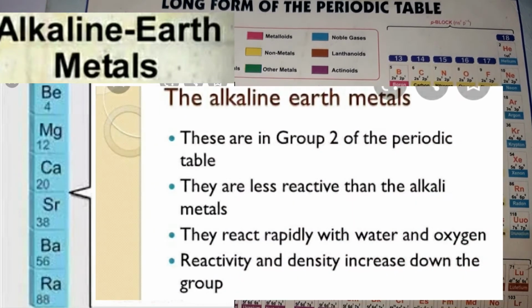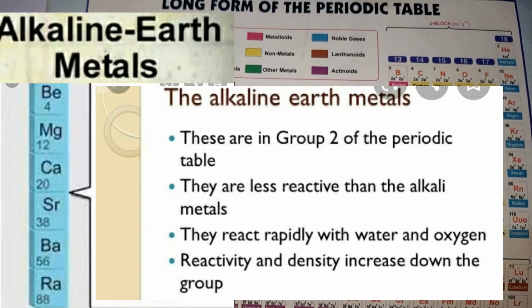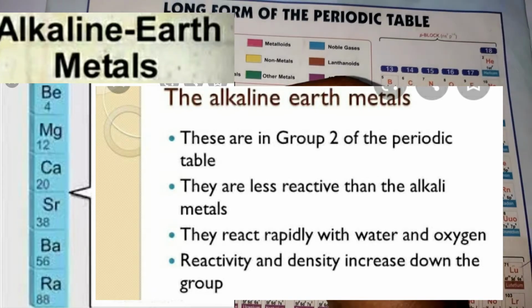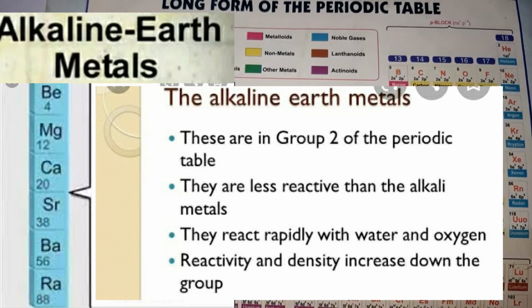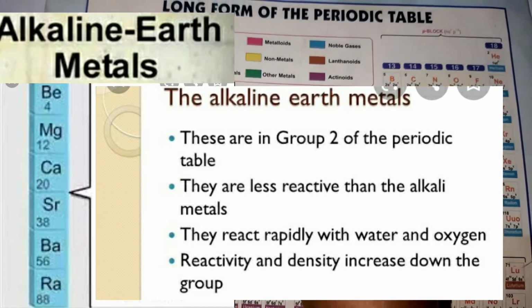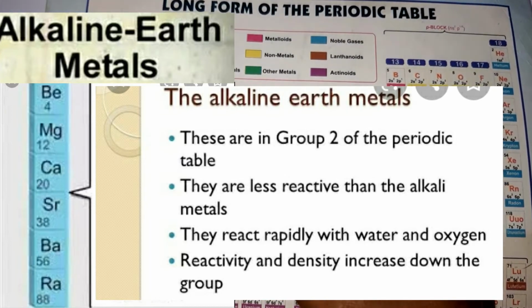These are less reactive than alkali metals, children. These are also reactive, but when compared to alkali metals, these are less reactive. And as you come down the group, the reactivity and density of these metals increase.